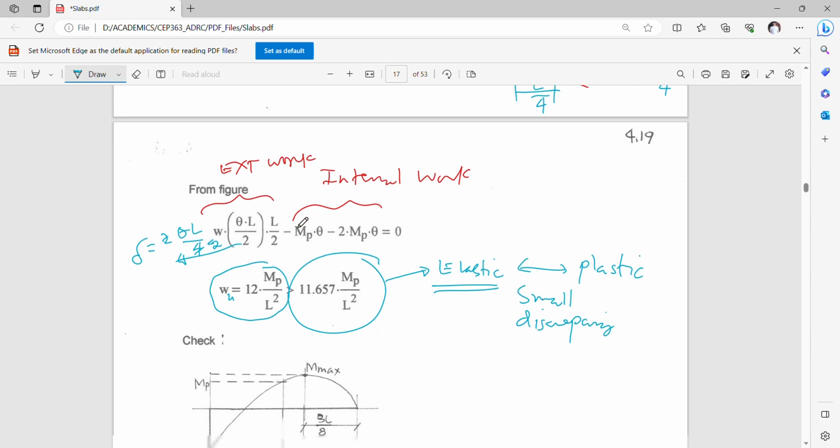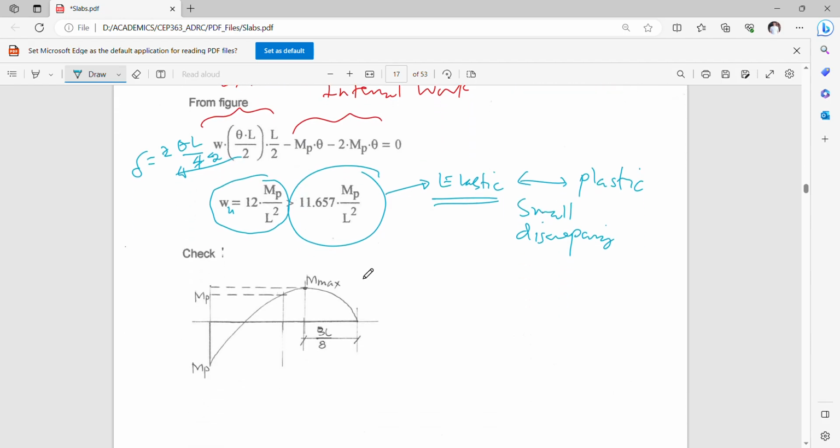And if we want to check it here in this graph, what we have done previously is that we assume this to be having an Mp equivalent at this point. So this is Mp.